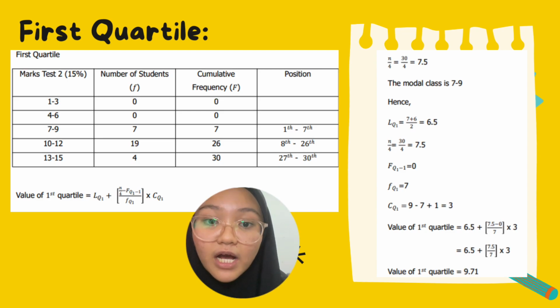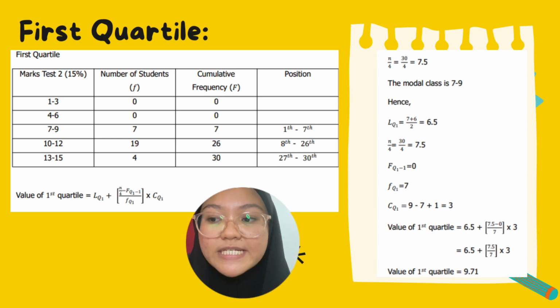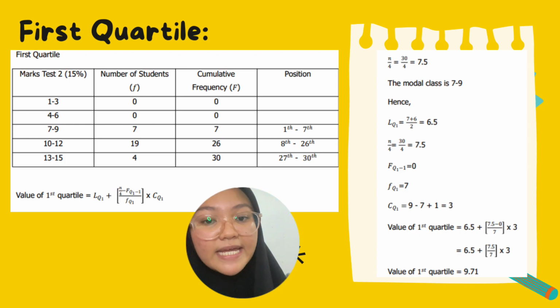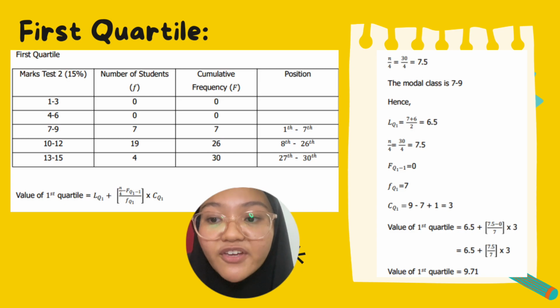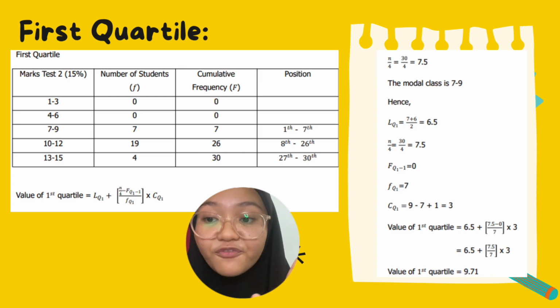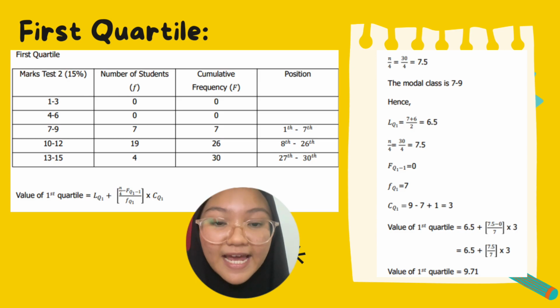And then we will divide it with FQ1, the frequency of that class, close the bracket, and as before, we will times it with the class width. And you can see from our calculation, the value of the first quartile is 6.5 plus, in the bracket, 7.5 over 7, close the bracket, times 3. So that ends it. The value of our first quartile is 9.71.